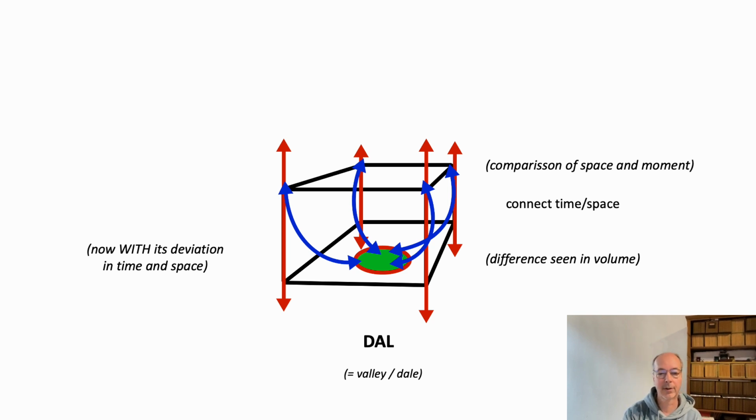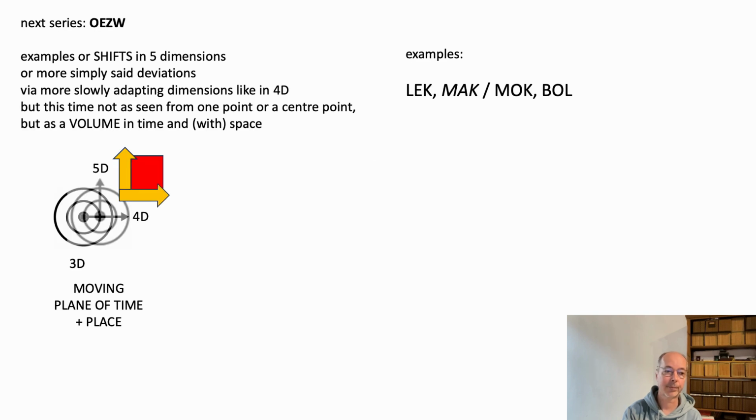That is the word dal. It's a perfect description of the word dal, and you can see in this image with time and space included, it's actually a complete picture of what this letter is about. With this fourth dimensional frame, it is not that difficult if you have an example.